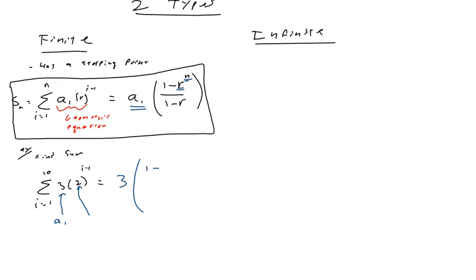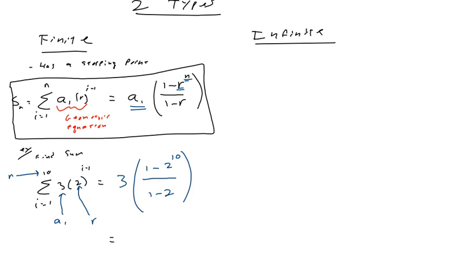The r value is the thing in the parentheses to the power, so this is my r, 2. N is this ending number right here, 10. So this is 1 minus 2 to the power of 10 over 1 minus 2. I plugged in my a1, my r, my n. I plug those pieces into my formula, and I can get my answer.